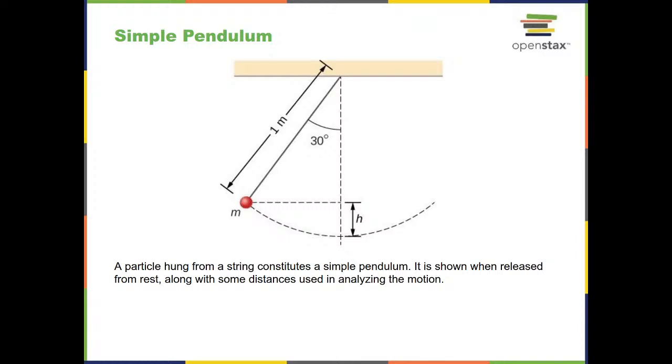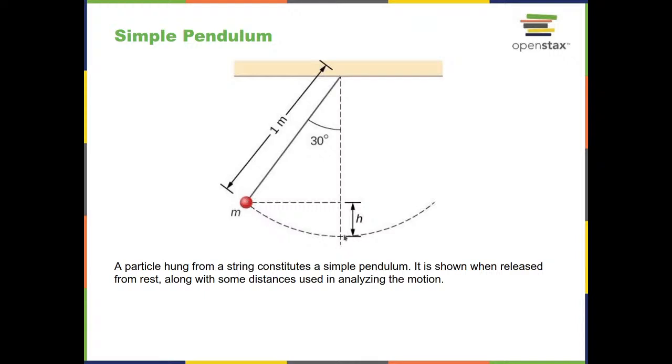Okay, back to the pendulum here. When we had a pendulum that we released from the starting position at an angle of 30 degrees, we released the particle with mass m from rest. What happens is that this particle swings downwards, and the potential energy it has at the starting point is converted into kinetic energy.